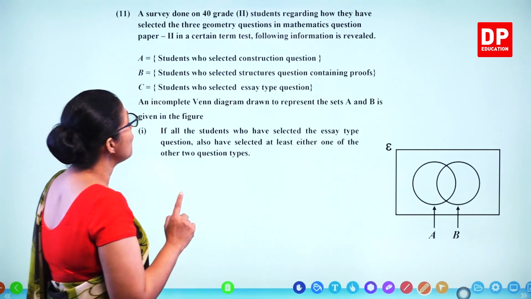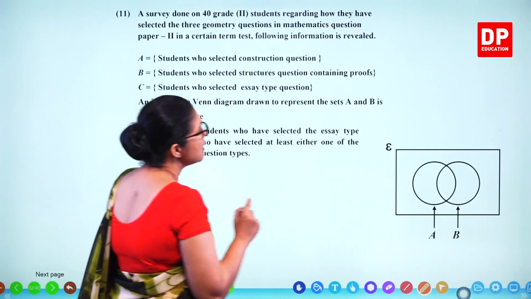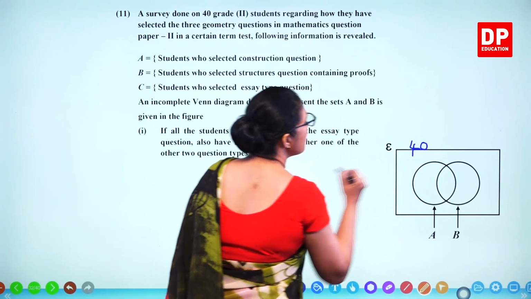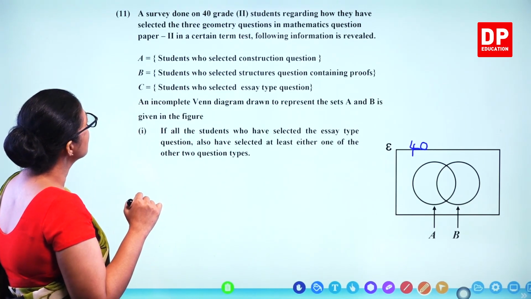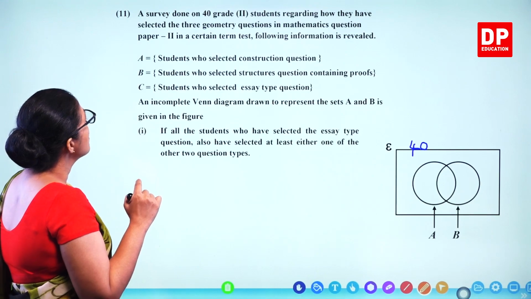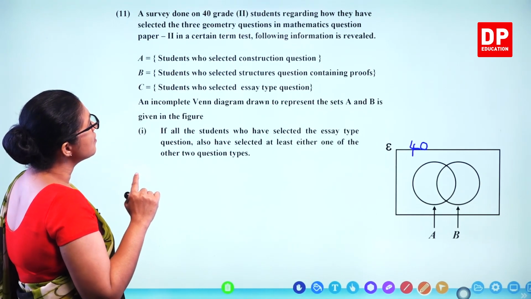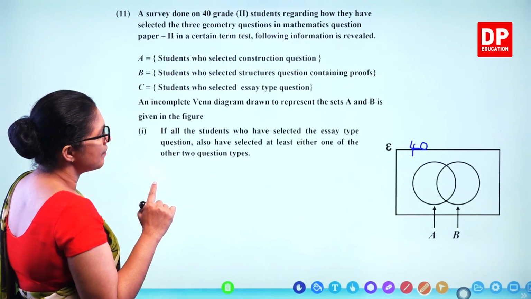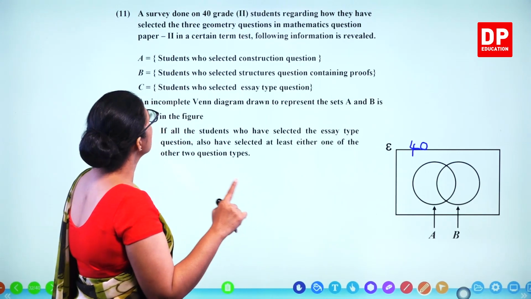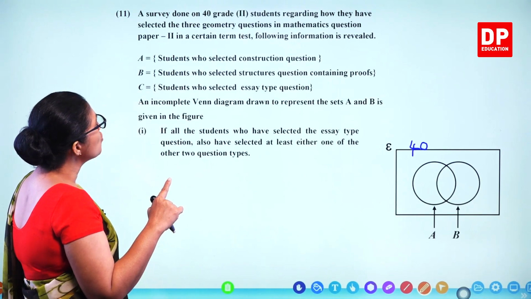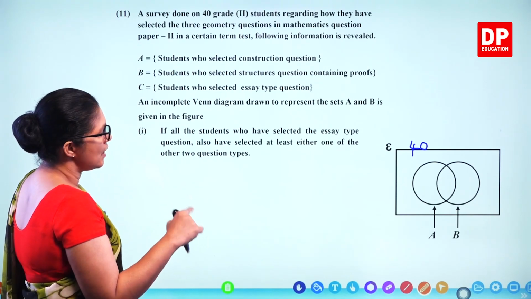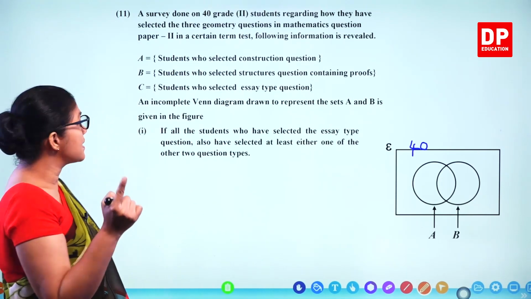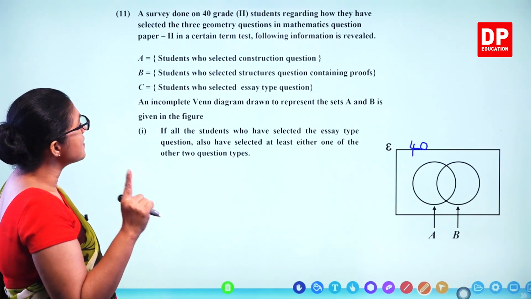Following information is revealed. 40 students, so you can put 40 there. Students who selected construction question, that's A. Students who selected structures question containing proofs, that's B. There's another set, C. Students who selected essay type question.